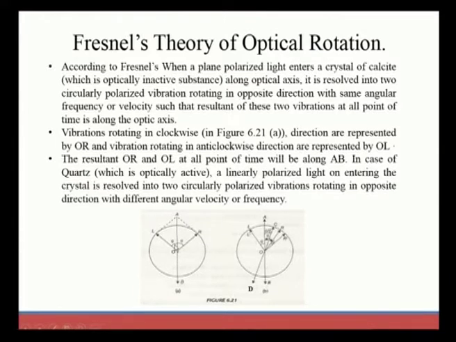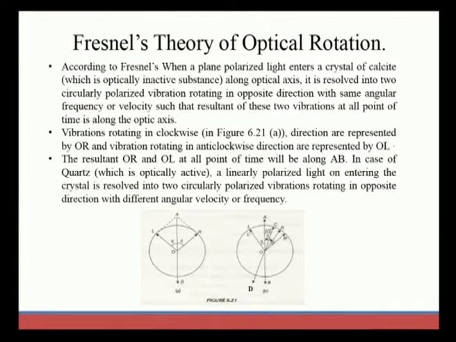In the case of quartz, if we consider it as an optically active device, linearly polarized light on entering the crystal is resolved into two circularly polarized vibrations in opposite directions, and they have different velocities.